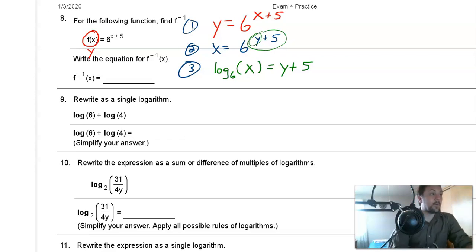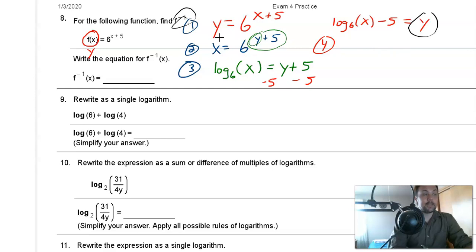Now I can solve this for y by subtracting 5 to the other side. It does not go inside the logarithm. You're going to keep it outside the logarithm, but just tack it on to the end. And so I'm going to have log base 6 of x minus 5 equals y. And then the last step is to rewrite the y using function notation.